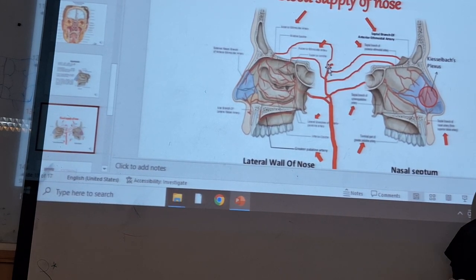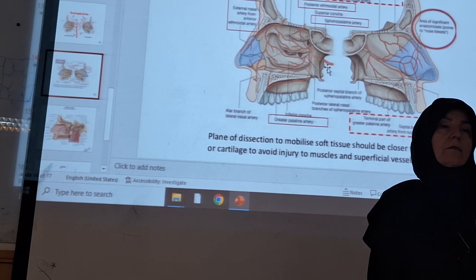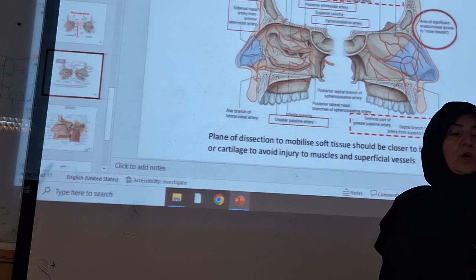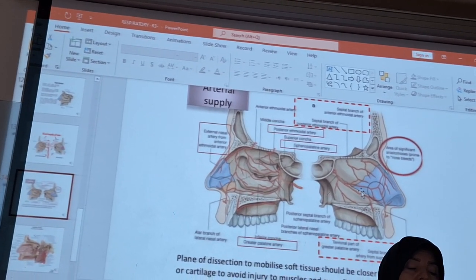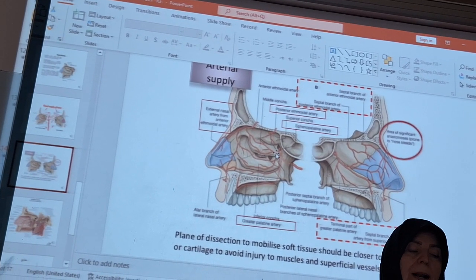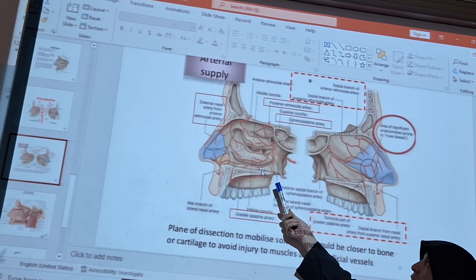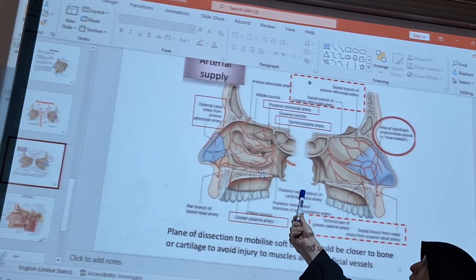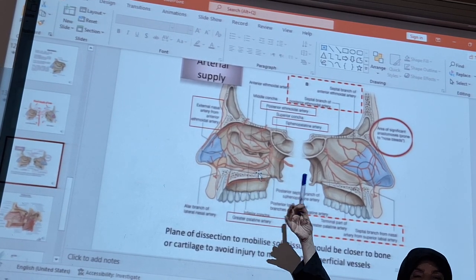Okay? Now, here again, with another picture, we are going to show you the lateral surface and the medial surface. Now in detail, the sphenopalatine has some branches that we call, for example, the posterior superior lateral and the posterior inferior lateral. This is in detail.